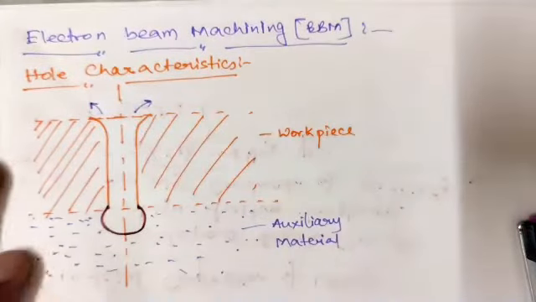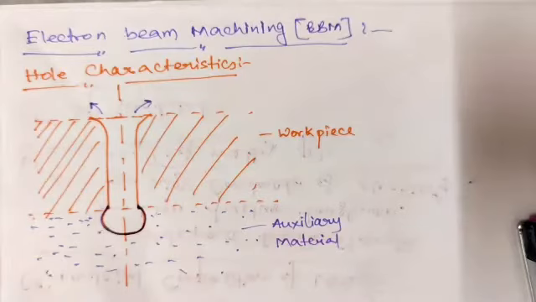Already I have discussed this thing. So the shape of the hole, or the characteristics of the hole, is what we will discuss as the machining characteristics in this case.